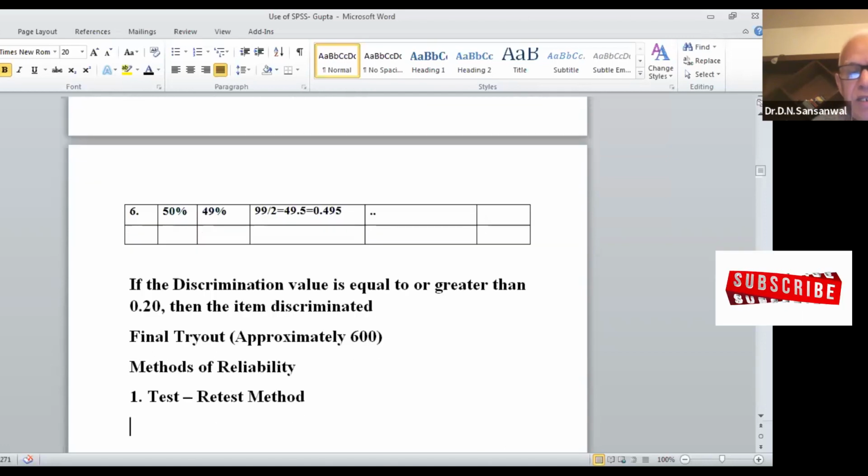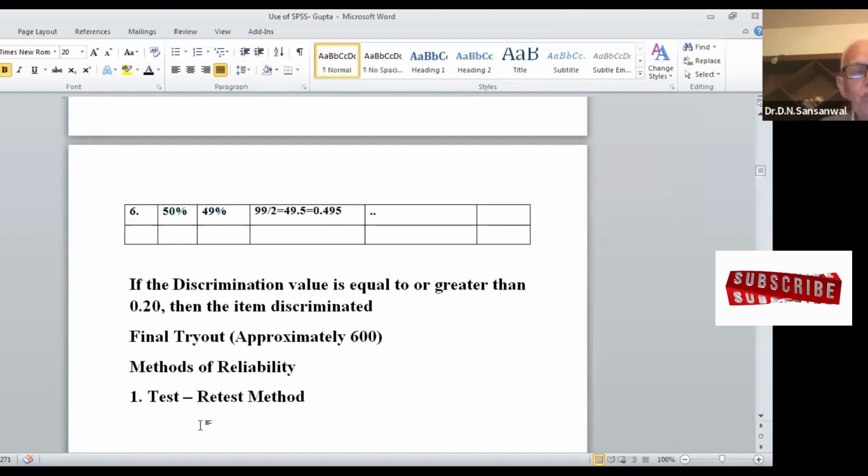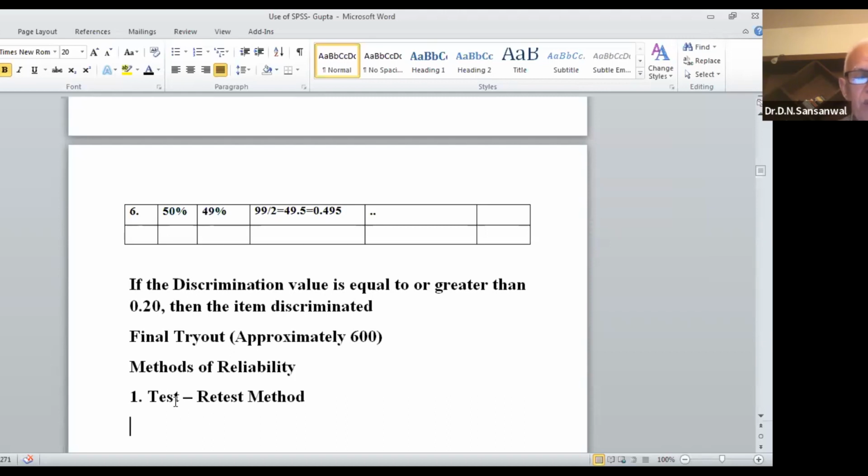The meaning is that whatever the tool for which you want to establish the reliability, you administer that tool on the 600 people, say, on a particular day.